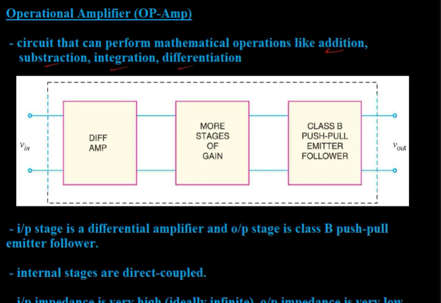Here this diagram represents a block diagram of an operational amplifier. Actually, an operational amplifier consists of three stages: an input stage, an intermediate common emitter transistor amplifier stage, and an output stage.